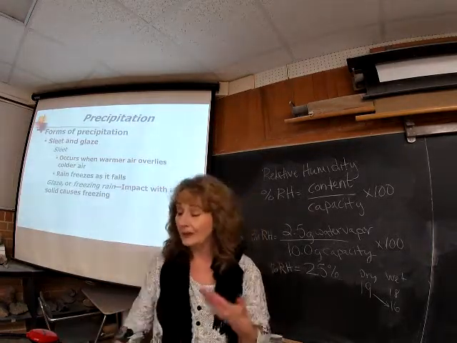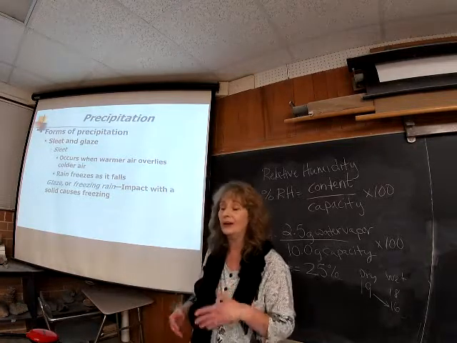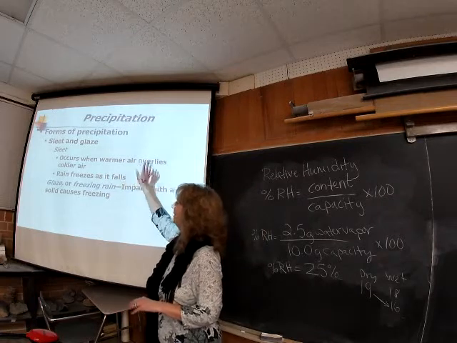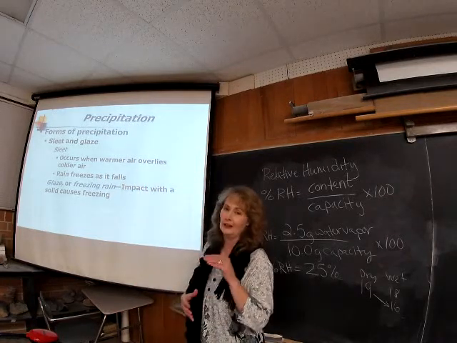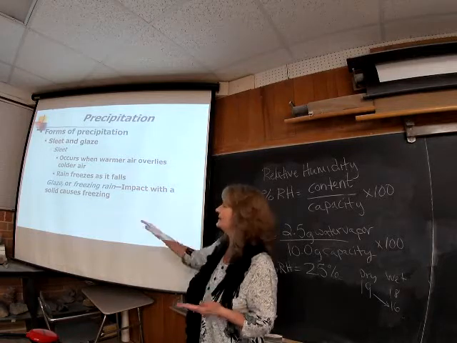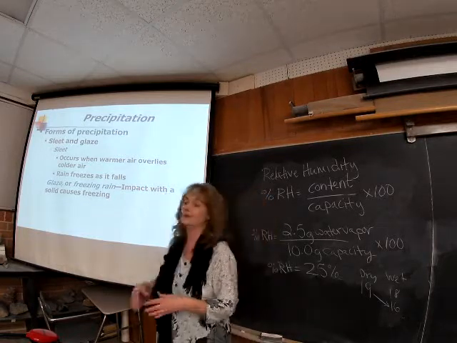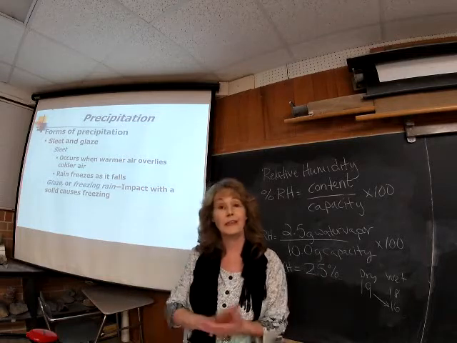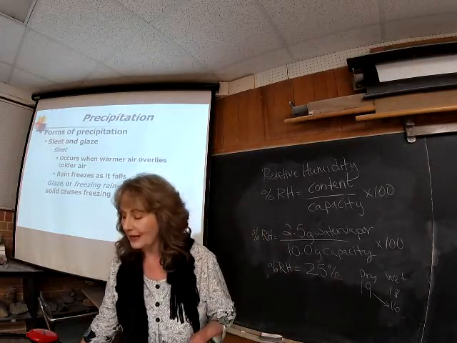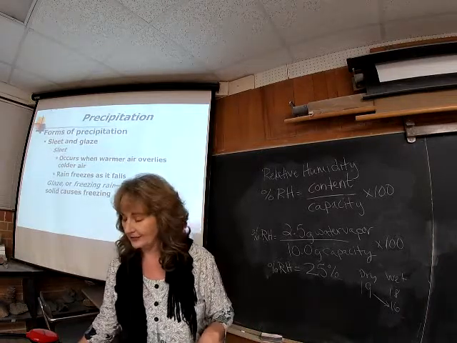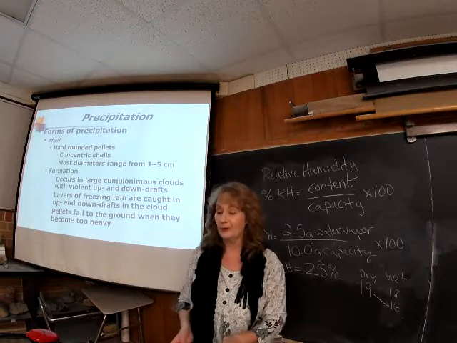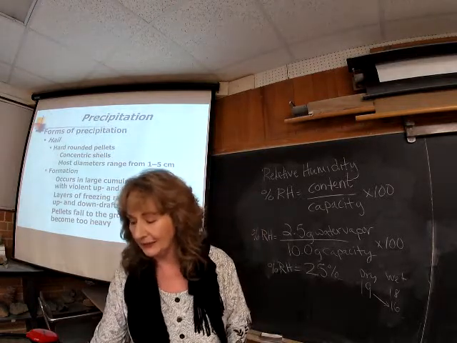So you've got warm air lying over colder air, but it's a thick layer of cold air, and that rain will freeze as it falls through that thick sub-freezing layer. The glaze or freezing rain will impact any solid surface and freeze on contact when you have a sub-freezing surface. But that layer was too shallow for it to freeze before it hits the ground.